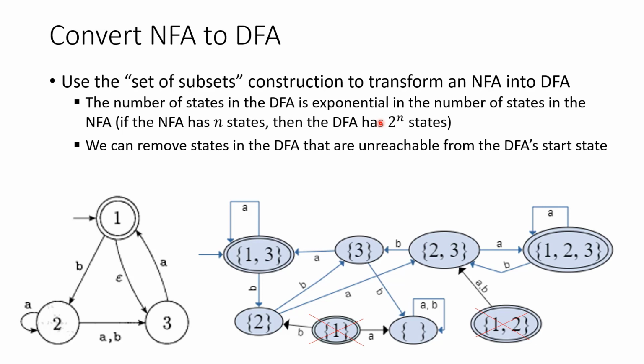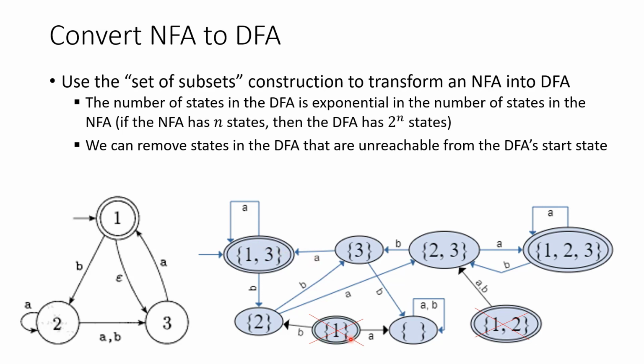Because those states will never be visited in any computation of the DFA. For example, here, the state consisting of just state 1 of the NFA, and the state consisting of states 1 and 2 of the NFA, are unreachable from the start state of the DFA.